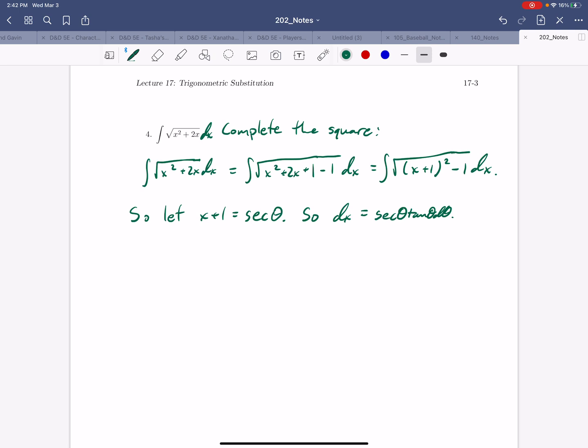Okay. So when we make the substitution, we're going to have that the integral of the square root of x plus 1 quantity squared minus 1 dx is really going to equal the integral of, let's see what we've got here. Square root of secant squared of theta minus 1 times dx, which remember is some extra baggage here.